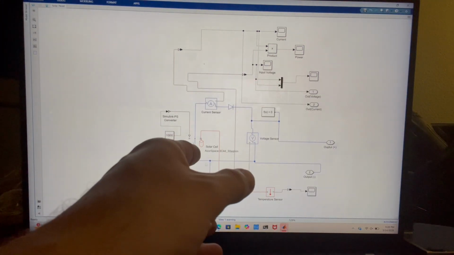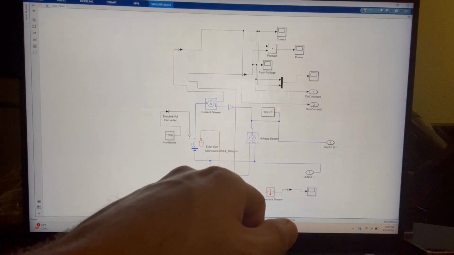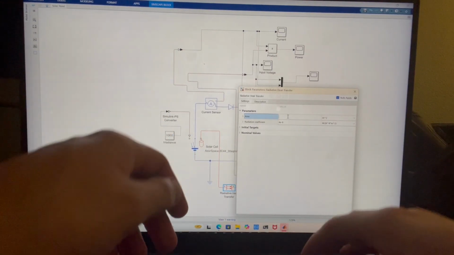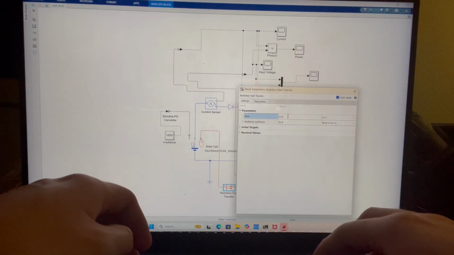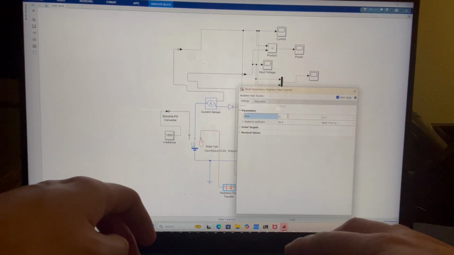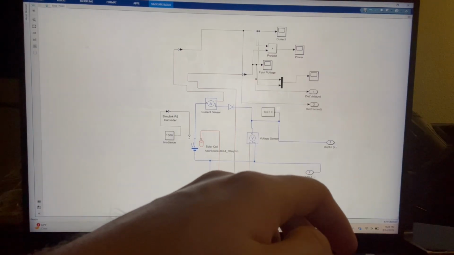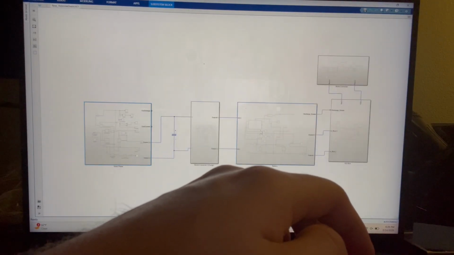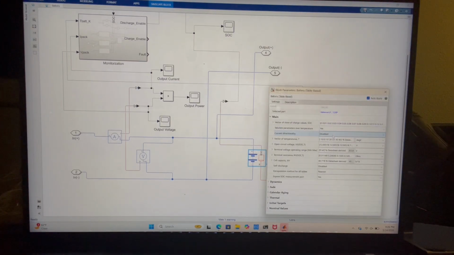Conventional built-in diode, this is 30 square meters. We'll see our results after this. Our battery values, these are all our values.